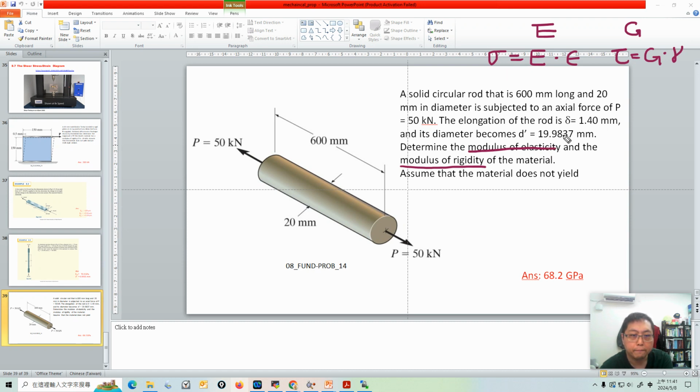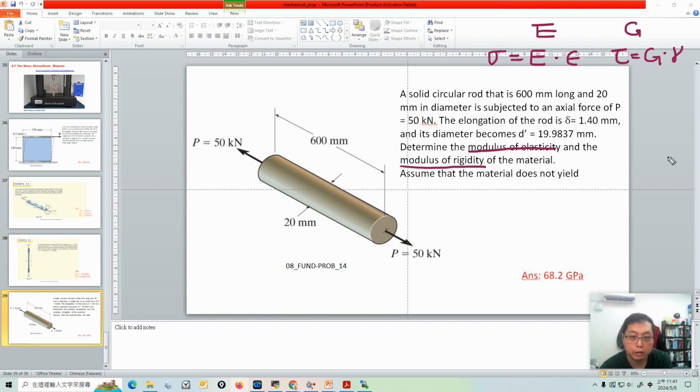Can we have the normal strain? Yes. The deformation under this axial loading is 1.40 millimeter, and the length before the external loading is 600 millimeter.